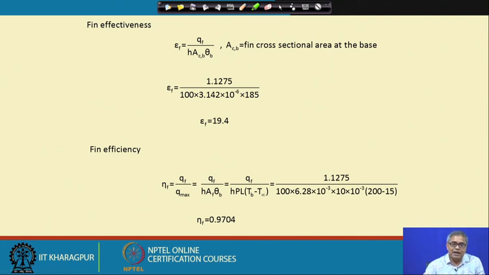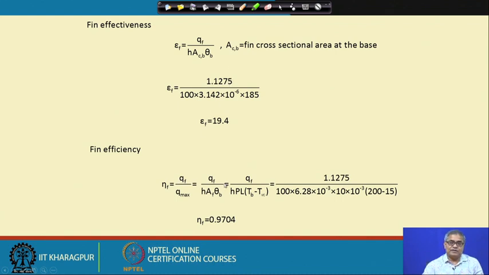It means that if we do not have a fin and we propose to use a fin, by using a single fin, we can have this much amount of heat transfer enhancement. Okay. Very large amount of heat transfer enhancement we can have. So, this is what is given by this particular calculation. So, this really justifies use of the fin.